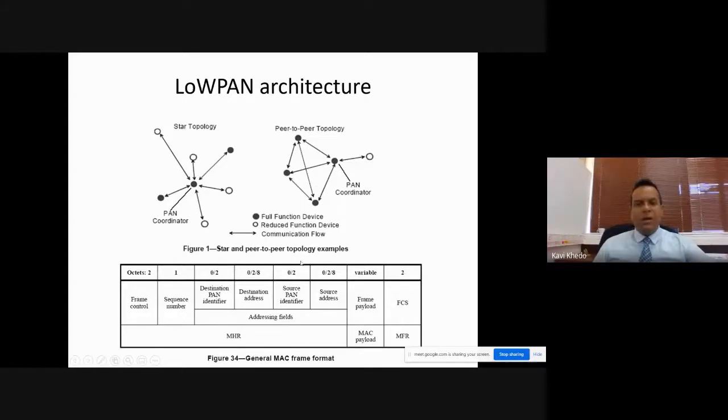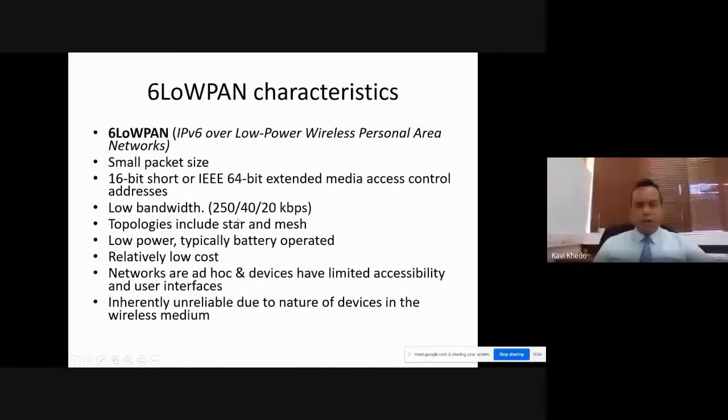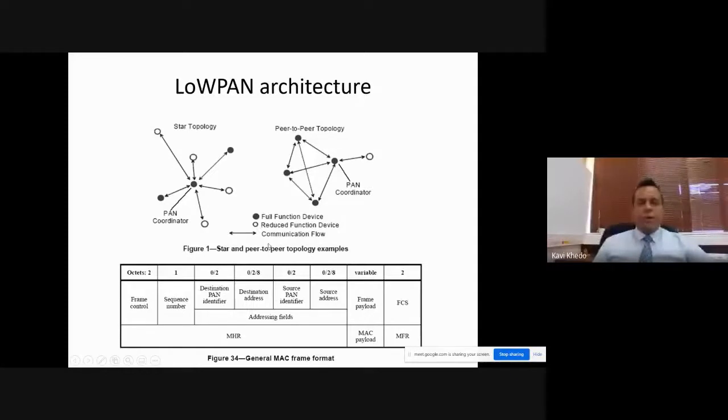Now you see the packet. What do we have? The MAC payload, the frame payload. This is a typical LoWPAN packet, which is different from an IP packet.